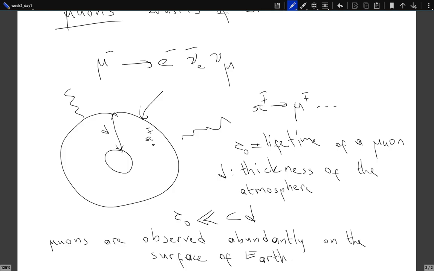Okay, this is less than C times D. And even if you would apply Newton's dynamics, even if they move with the speed of light during their lifetime, they shouldn't be able to reach the surface of the Earth. But they do. Now we already know why they do, how they do. And the answer is?